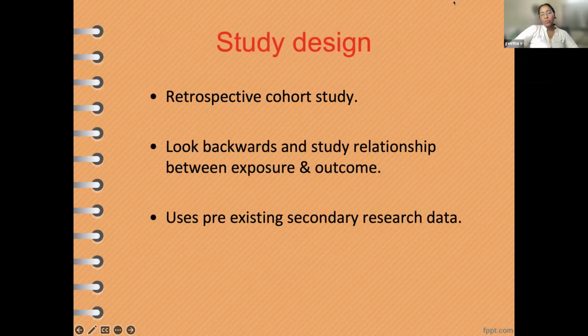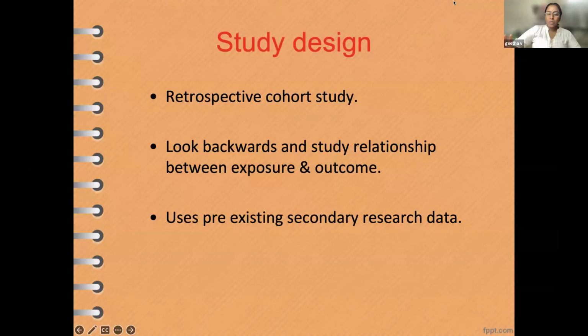Coming to the study design used here, which is a retrospective cohort study: what is a retrospective cohort study and why was it used for this particular study? Basically, it looks backwards and studies the relationship between the exposure and outcome. So what is the exposure here and what is the outcome? And what was the question asked for the study?